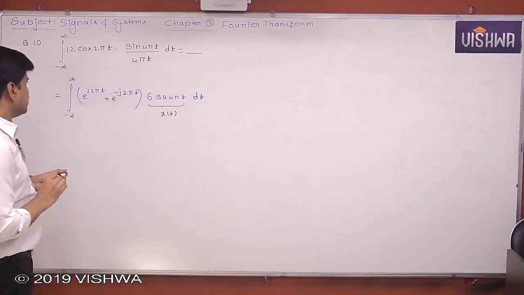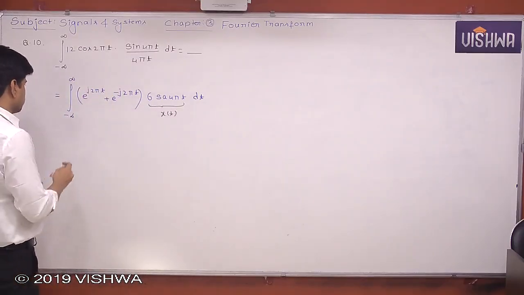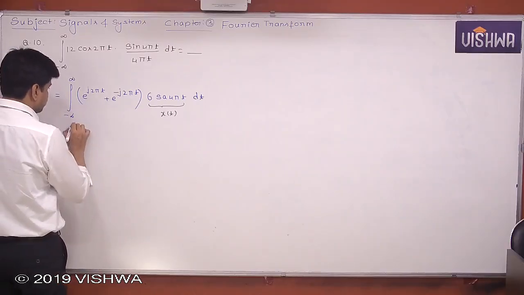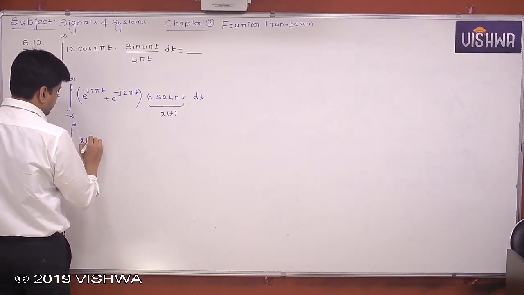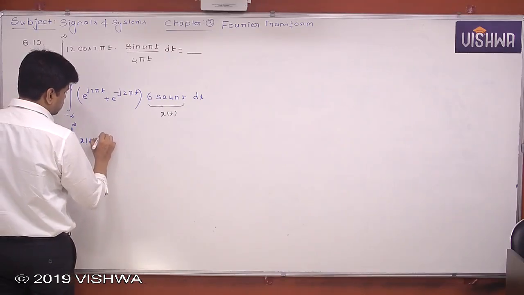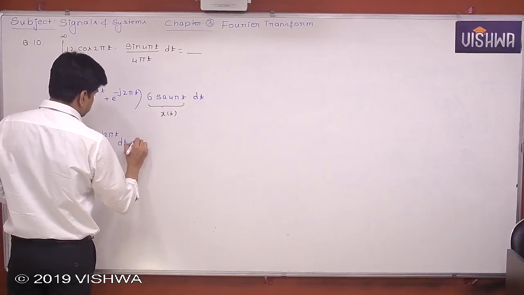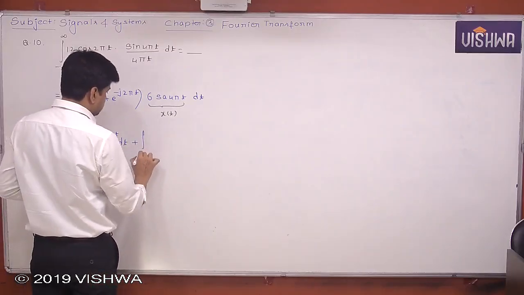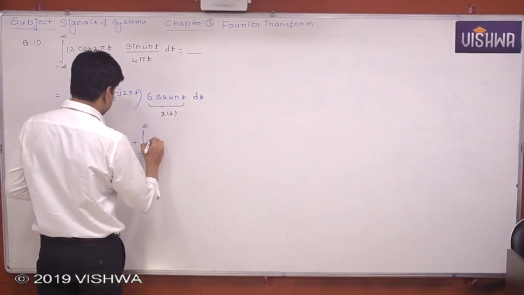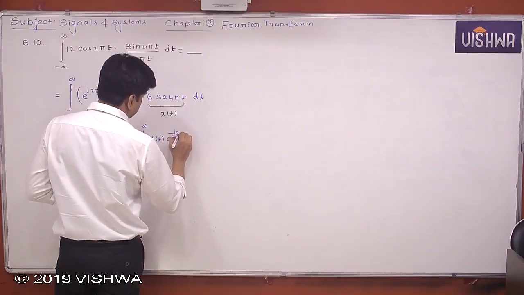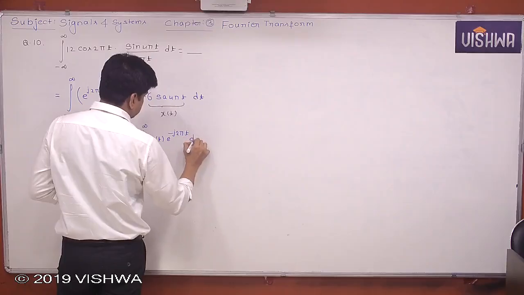Then we can divide this integral into two parts. One is the integral from minus infinity to infinity of x of t e power j 2 pi t dt, plus the integral from minus infinity to infinity of x of t e power minus j 2 pi t dt.